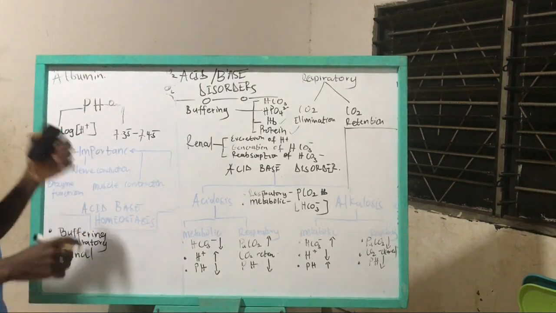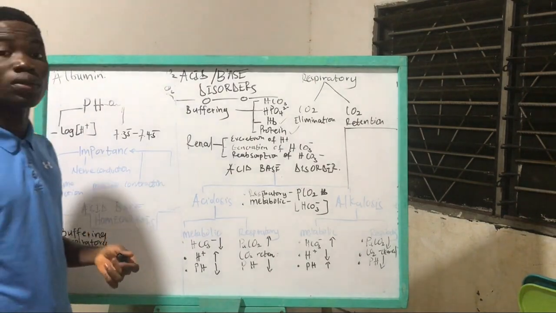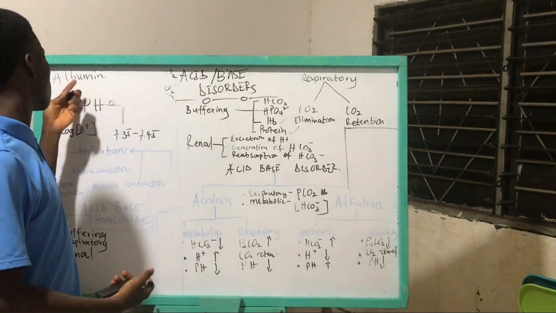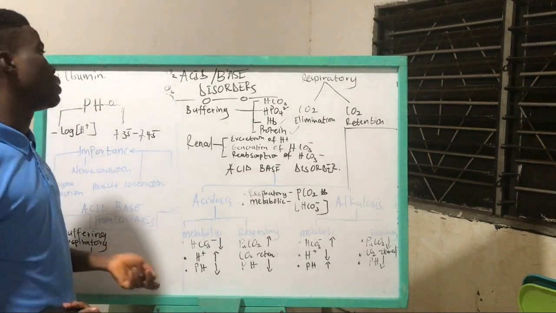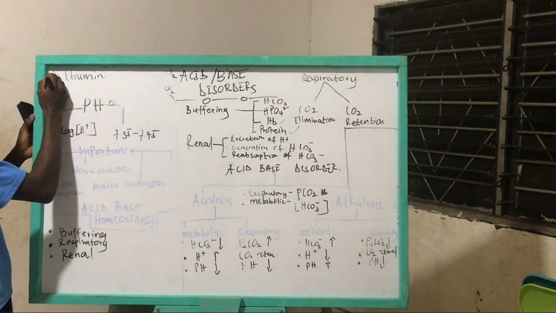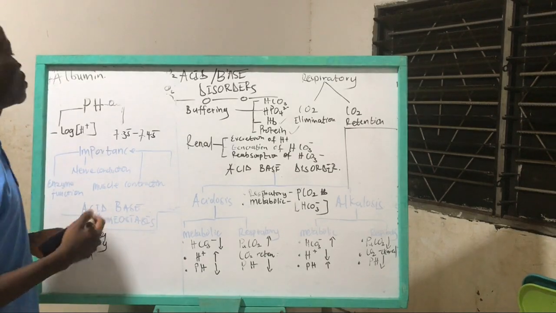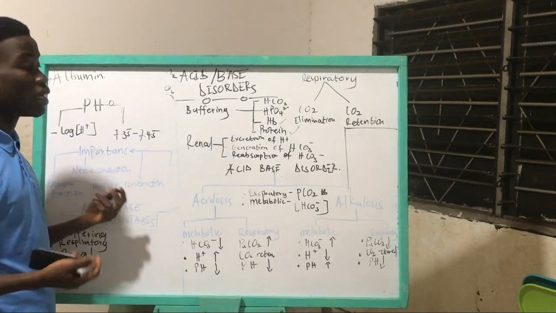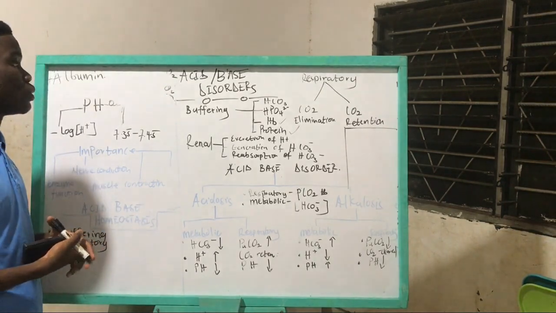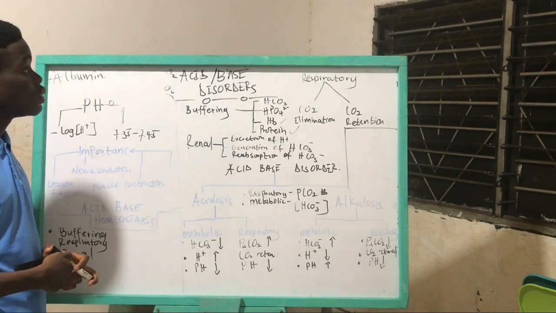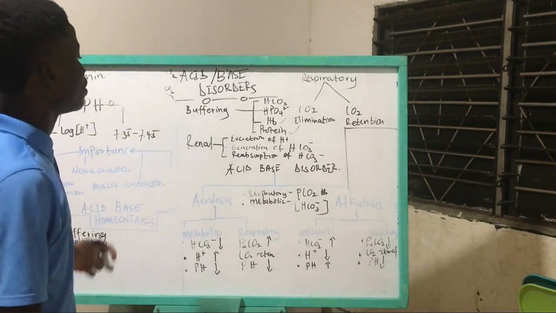So albumin has the ability to bind to large molecules that are both acidic and basic. So in a way, albumin also helps us in acid-base regulation. Besides, there are other plasma proteins that are also responsible for what? Acid-base regulation. So that is under the buffering system.